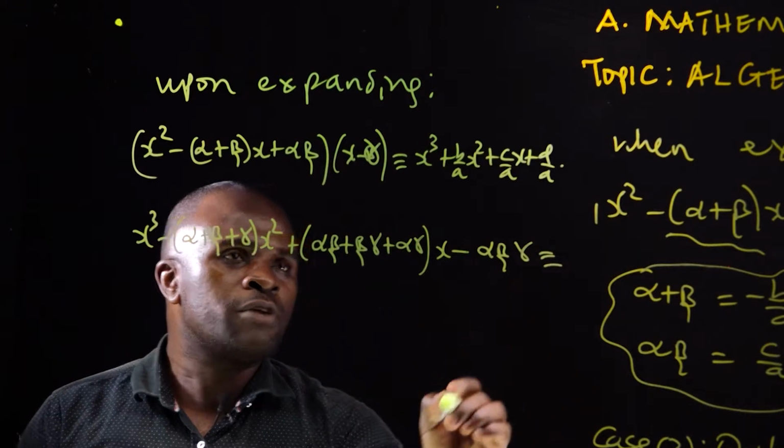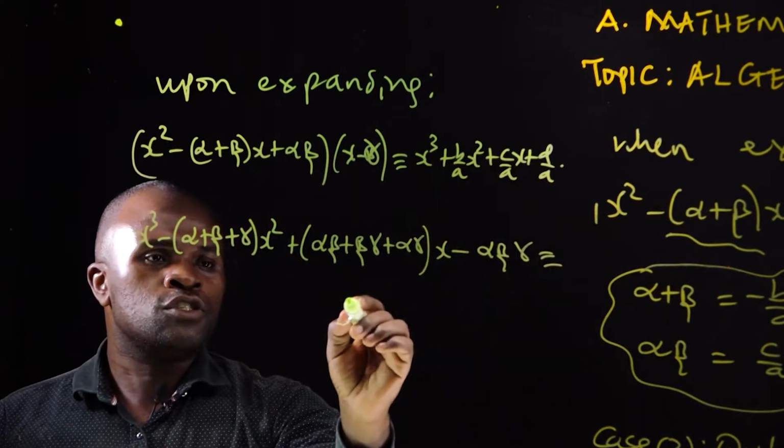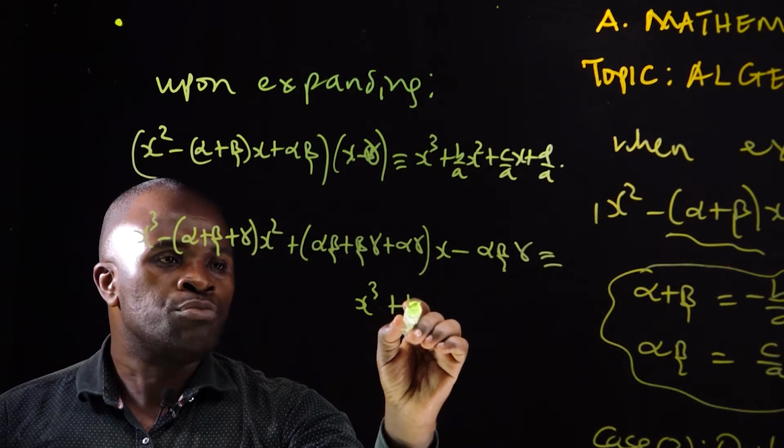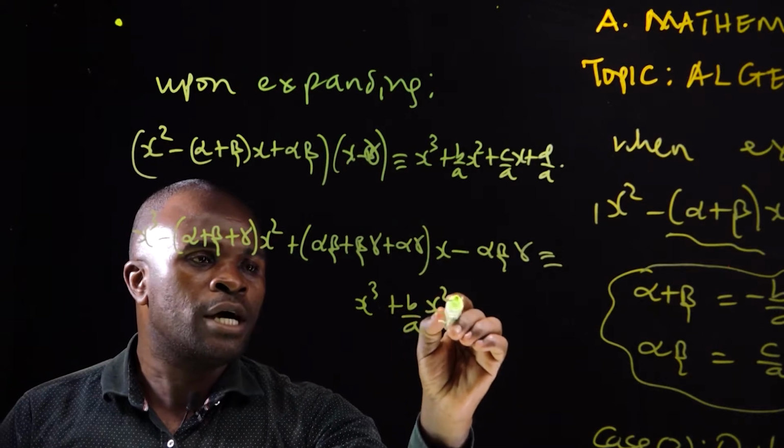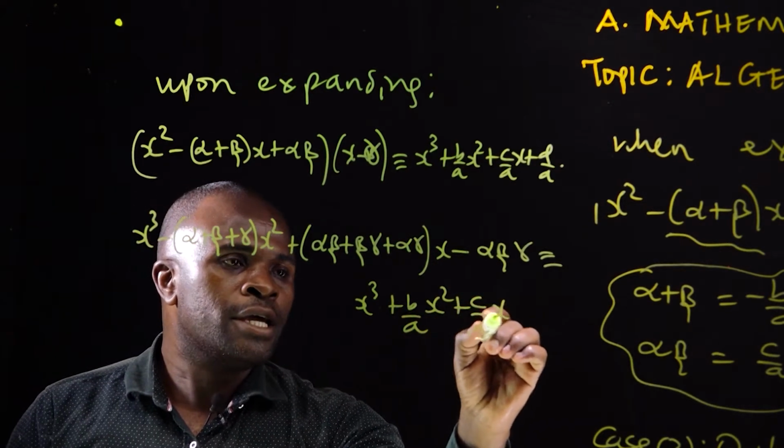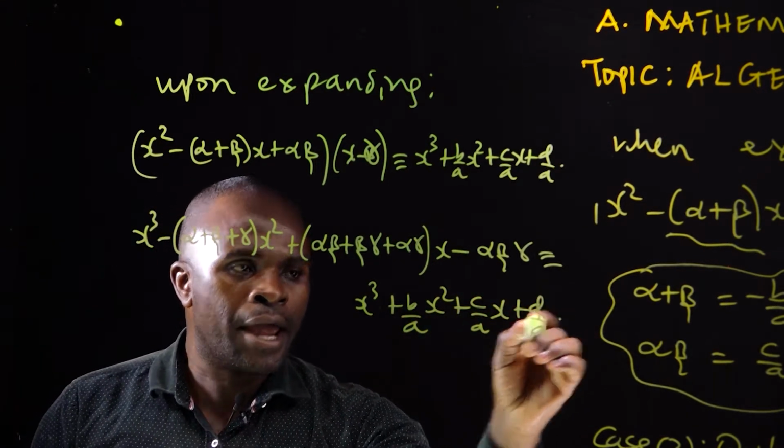This one is equivalent to x cubed plus b over a x squared, c over a x plus d over a.